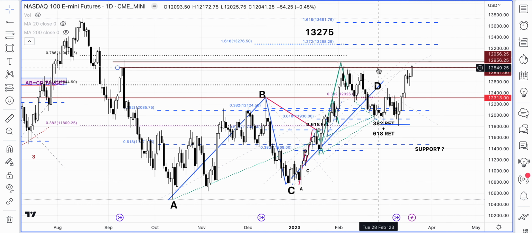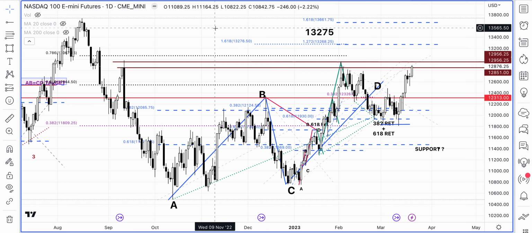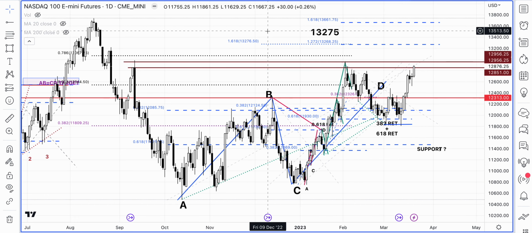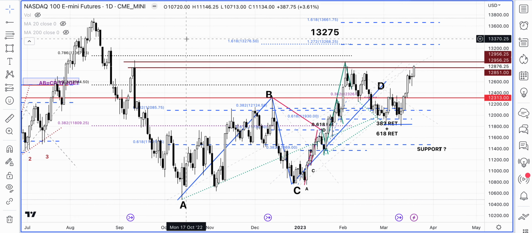So it's already right here in that zone we were watching, drawn in these brown lines. And it looks like a strong day could actually take us to the level which we had been watching, that is 13,275. That might actually become a reality quite soon. The way it looks is pretty strong, the chart formation is pretty good.